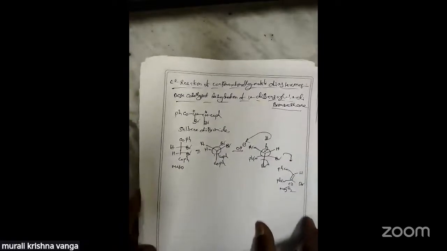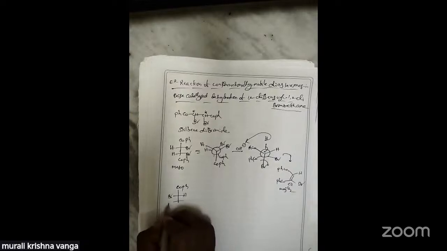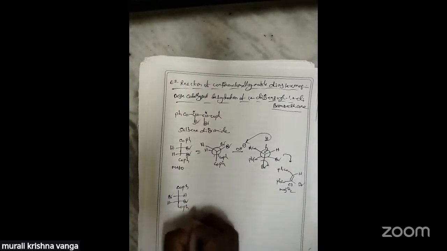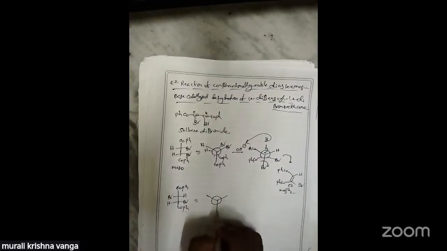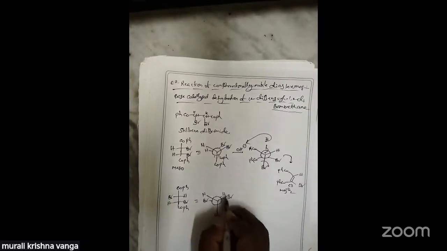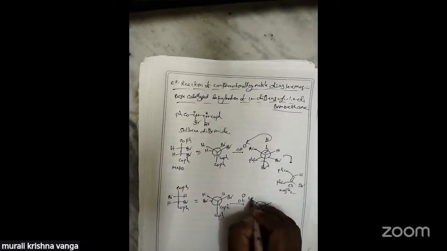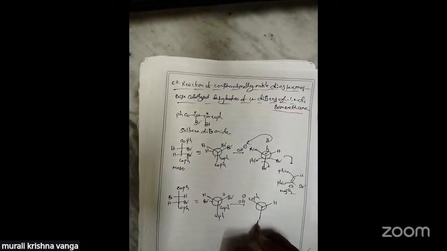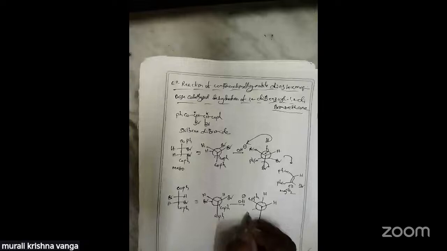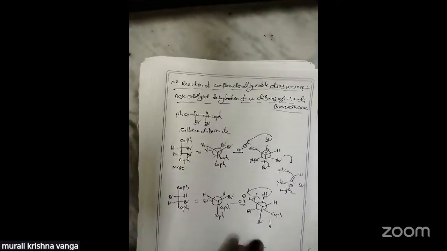When we discuss the active compound, we abstract the proton, and the two eliminating groups are anti to each other.